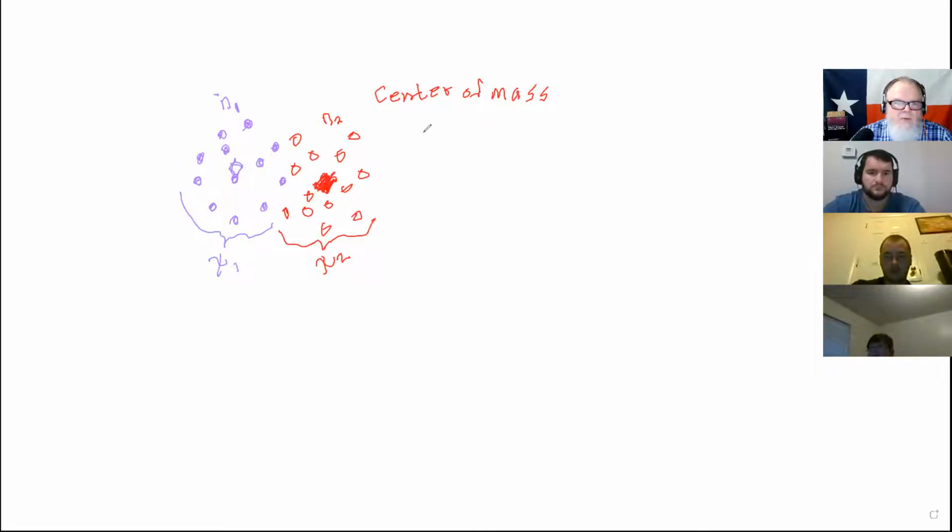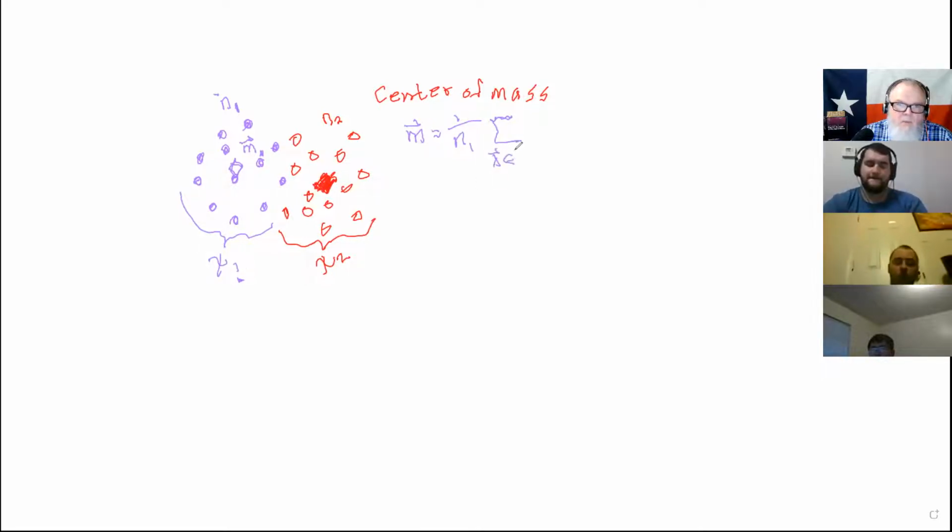Well, the first mean, we'll call this M1. We'll use the same subscript as we do for the class. M1 is going to be a vector, and M1 is simply going to be the average of all of the x's in chi1.